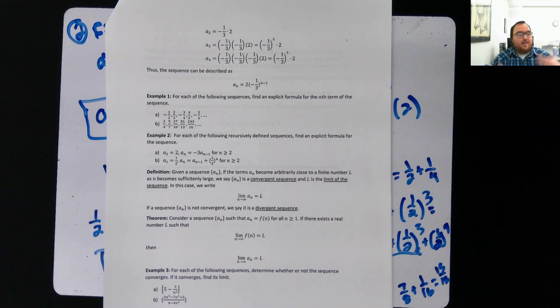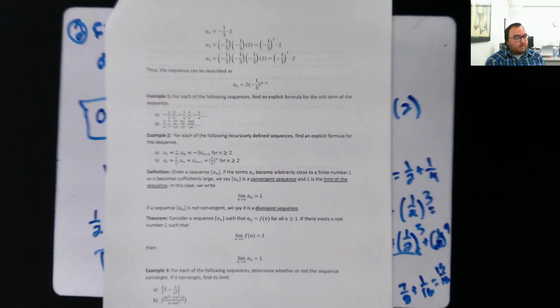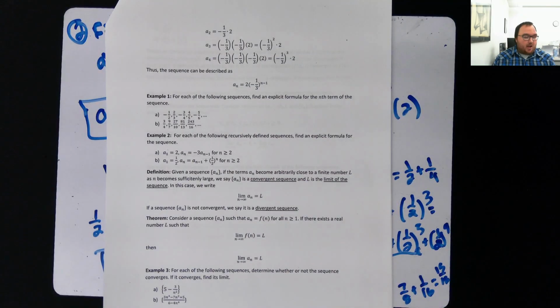In this case, we write the limit as n goes to infinity of a(n) is equal to L. If a sequence a(n) is not convergent, we say it is divergent.